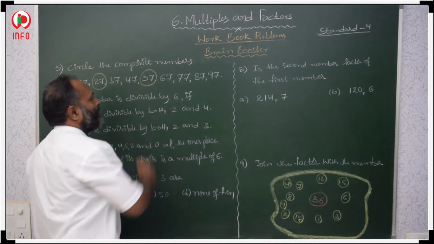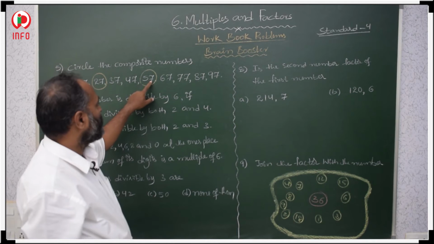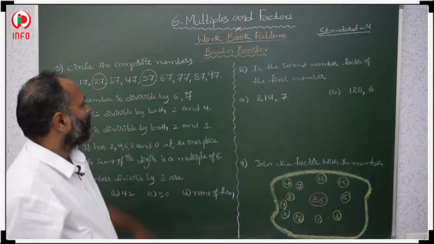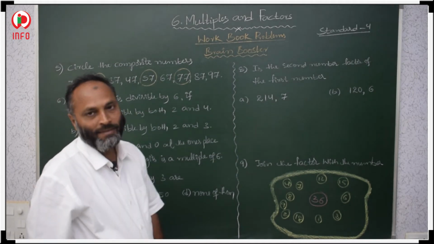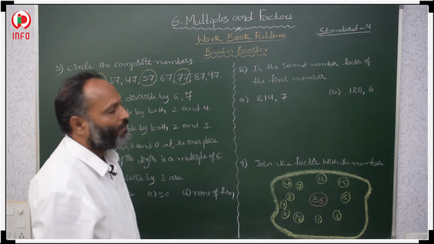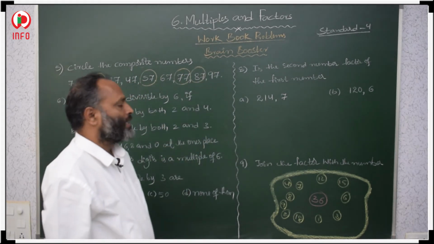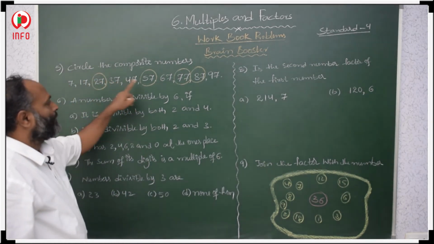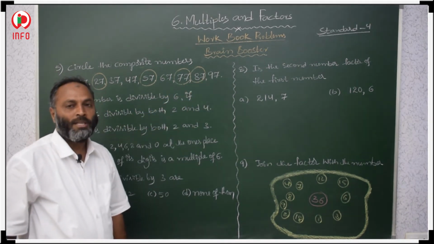It is divisible by 3: 5 plus 7 is 12, and 12 is divisible by 3. 67 is a prime number. 77 is not a prime number, 11 sevens are 77. 87: add 8 and 7, that is 15. 15 comes in the 5 table and 3 table, so it is a composite number. Then 97 is a prime number. 27, 57, 77 and 87 all are composite numbers.